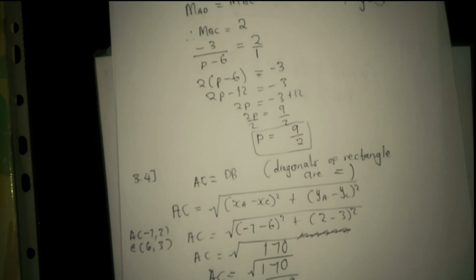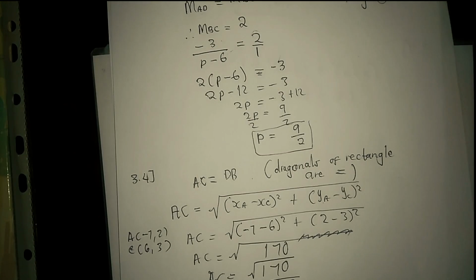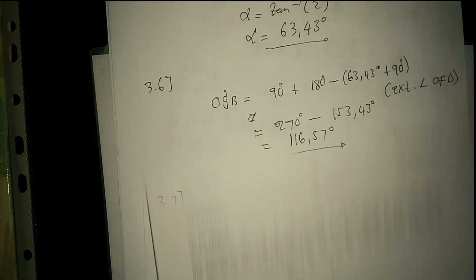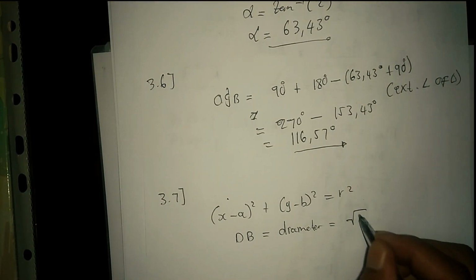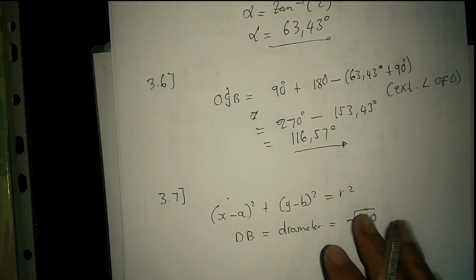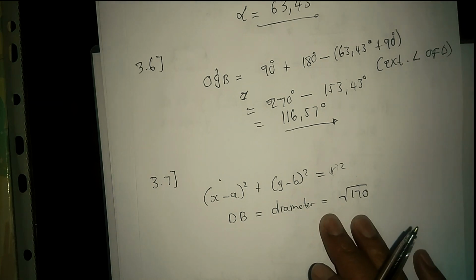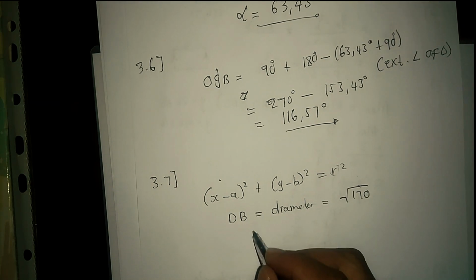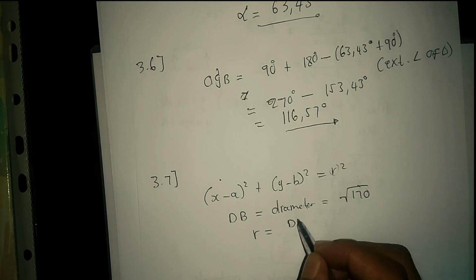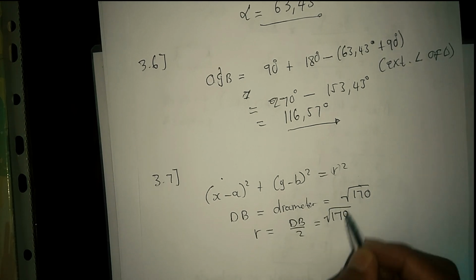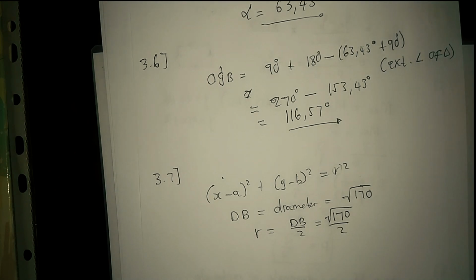The length of DB we calculate is the square root of 170. So therefore DB is the square root of 170. And we want the radius. So the radius r is equal to DB divided by 2, which is the square root of 170 divided by 2.